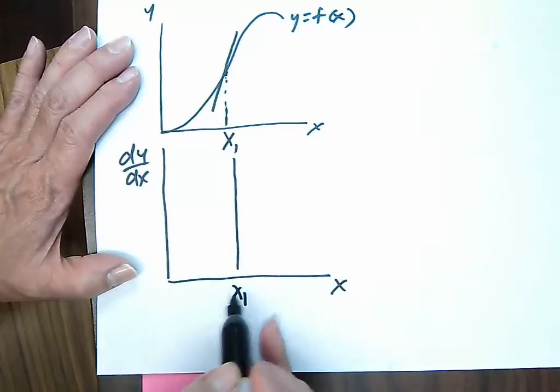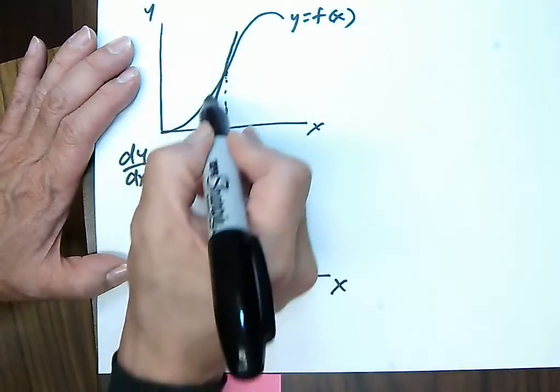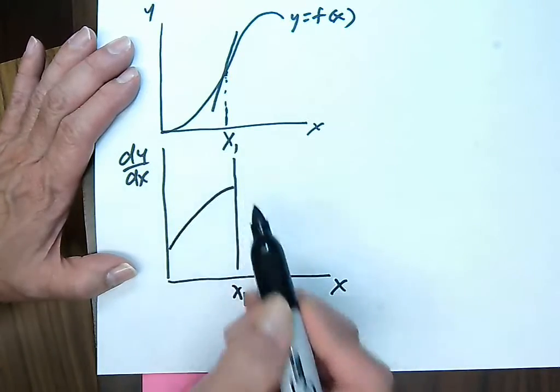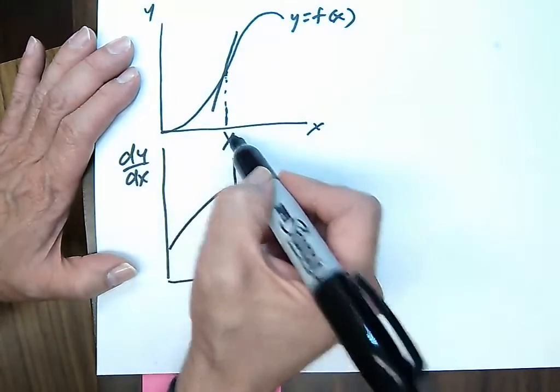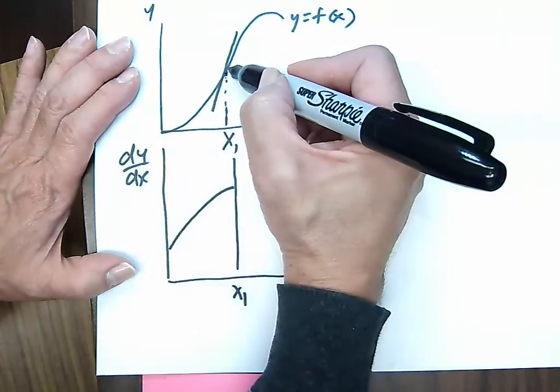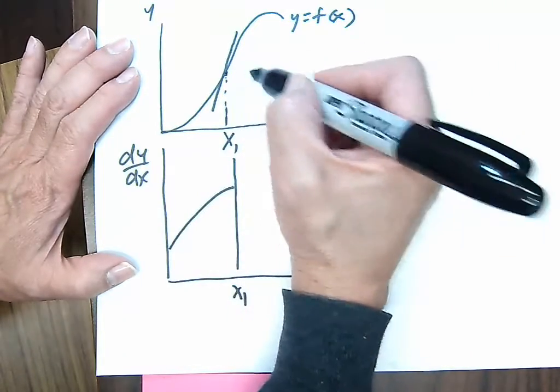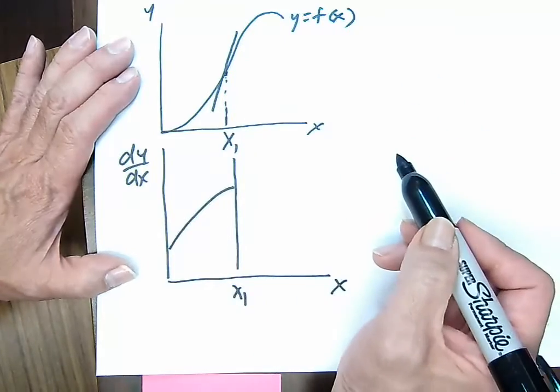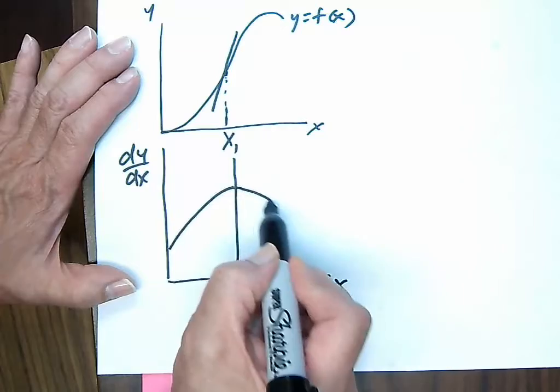And so to the left of x1, as x increases, the slope increases, the derivative dy dx increases. It reaches some maximum when x is x1. And beyond x equal to x1, if you keep on increasing x from left to right, the slope of the function starts to diminish, which means the derivative dy dx starts to decrease.